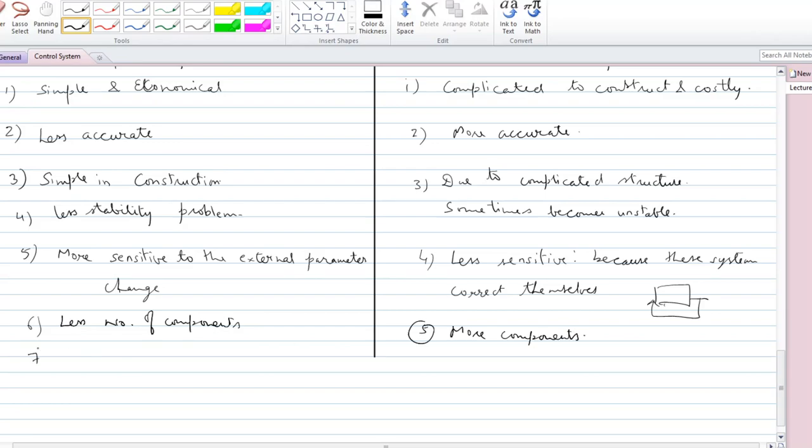So open loop systems require less power, and your closed loop systems require more power.